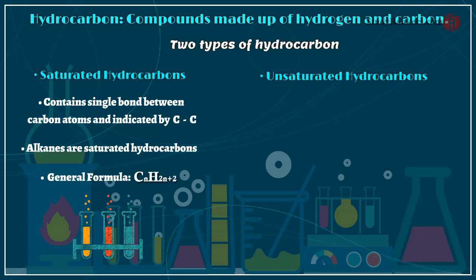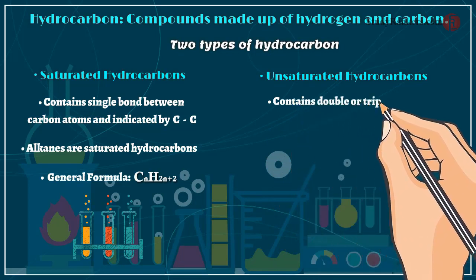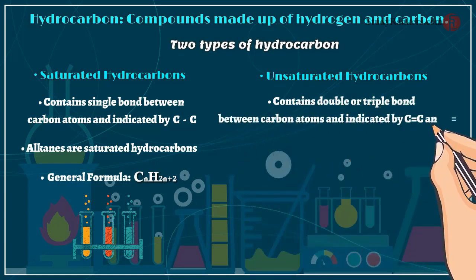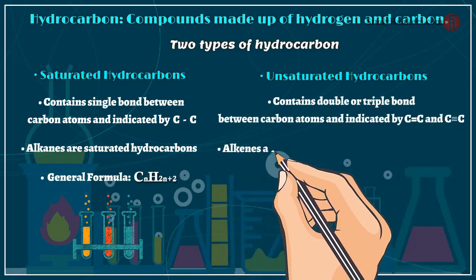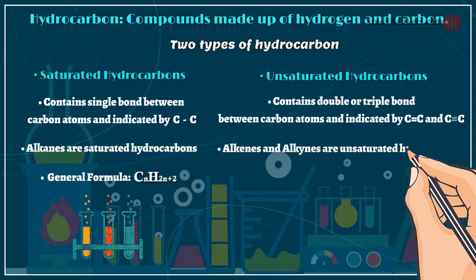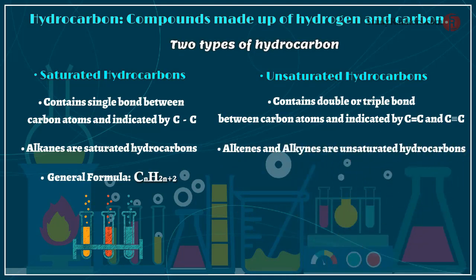Coming to unsaturated hydrocarbons. The unsaturated hydrocarbons are those which have at least one carbon-carbon double or triple bond. Alkenes and alkynes are unsaturated hydrocarbons. Alkenes are hydrocarbons having at least one carbon-carbon double bond.